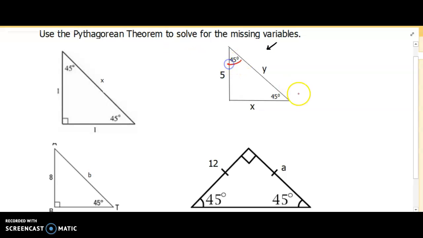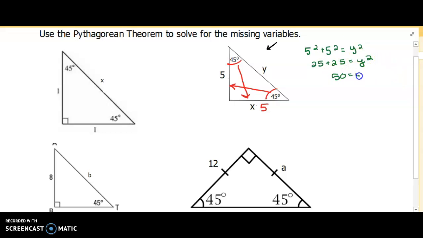If this is a 45, 45, 90 triangle, we should know that if we have two congruent angles, we have two congruent sides, so this would be 5. Okay, and then to apply the Pythagorean theorem, leg squared plus leg squared equals hypotenuse squared. 5 squared plus 5 squared equals y squared. 25 plus 25 is y squared.